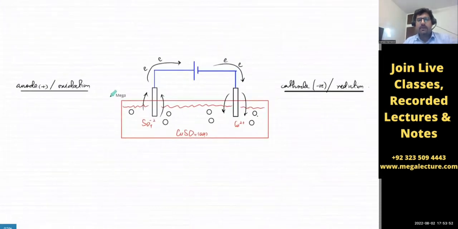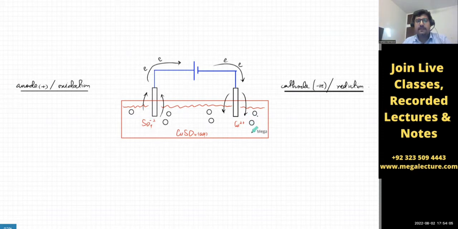What did I tell you yesterday? What other substances are going to be present in copper sulfate aqueous? At anode and at cathode, what other thing will be present? Apart from copper ions and sulfate ions, it's going to be water. And I told you that water is not going to ionize a lot, so don't think of water as H+ or OH- ions.